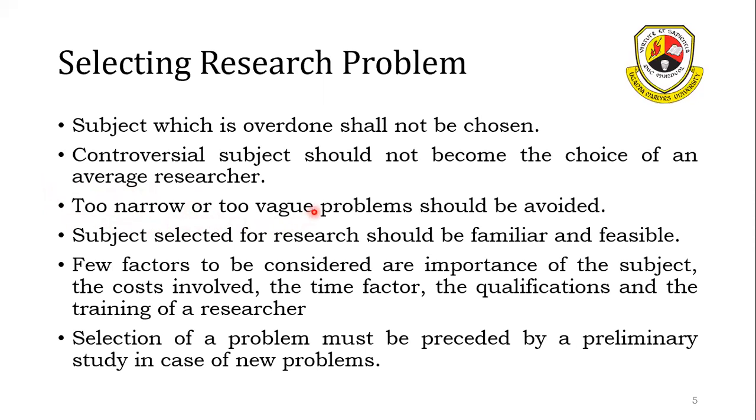If it's too vague, it is unsolvable. So there's a fine balance between the two, and you really need to work hand in hand with your supervisor to narrow down on a specific area. Literature review is extremely important because it guides you on what areas are actually in need of research.